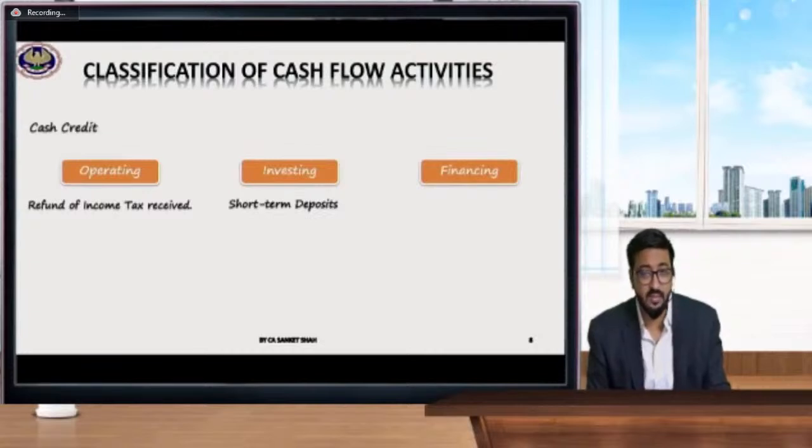Number 3, CC, cash credit. Cash credit means one type of loan. It's very simple. Number 3 is financing. Who is answering fast? Yes, I will tell the name.